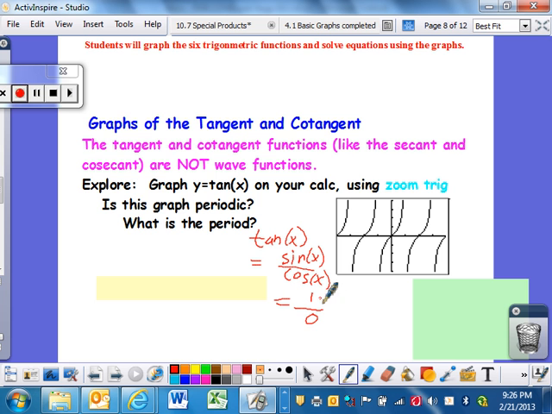But this cannot happen. This is undefined. So we end up finding that there are asymptotes at certain values. With these asymptotes, we cannot define those values, so the graph ends up going off to infinity or negative infinity.